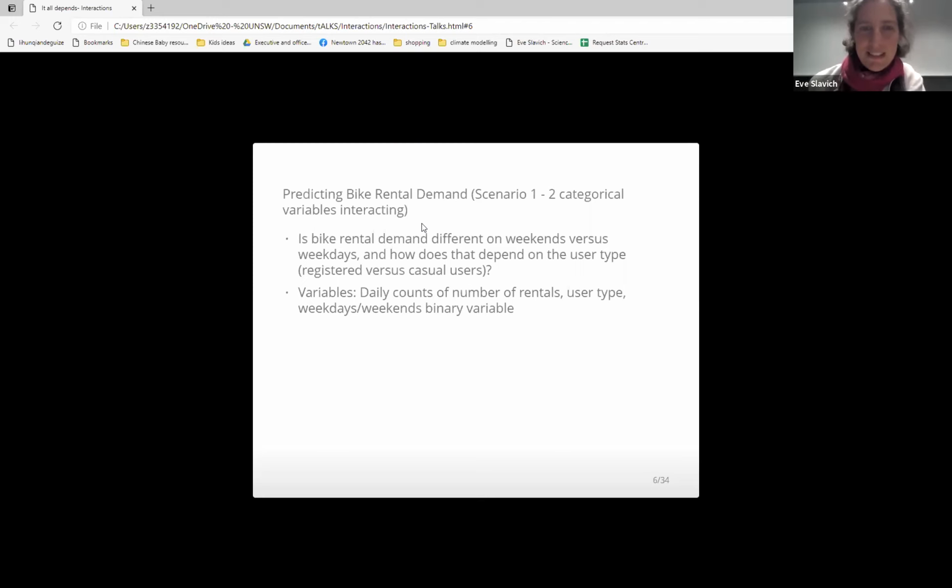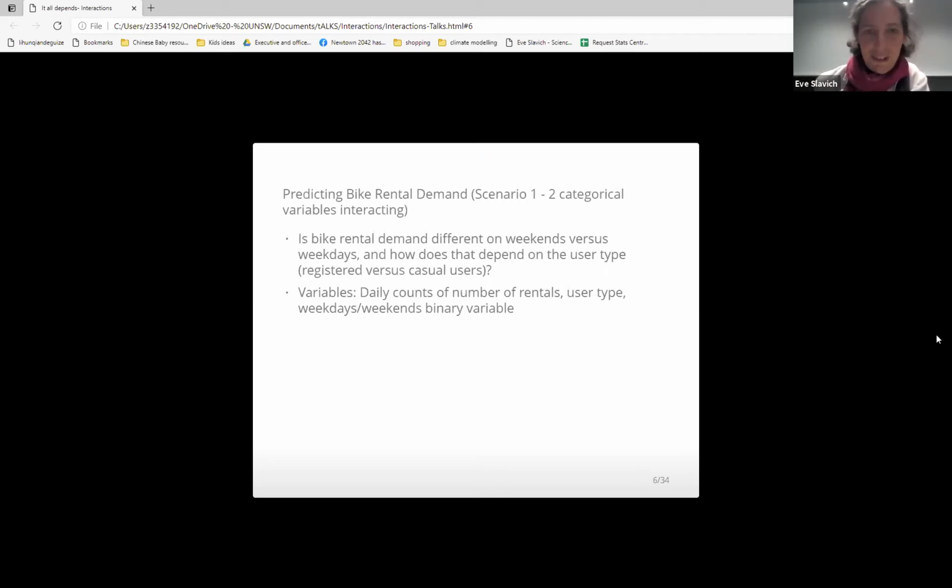And in the data set, people are classified as either a registered user who's renting the bike or a casual user. And so the question that we're asking with this data set is: is the bike rental demand different on weekends versus weekdays? And how does that depend on the user type, the registered versus the casual users?